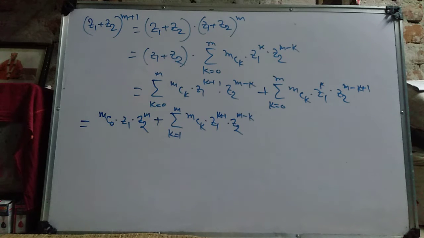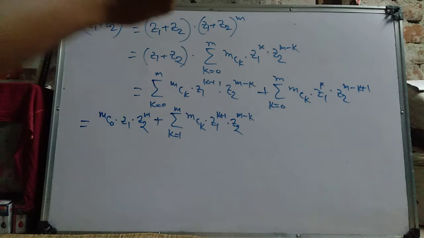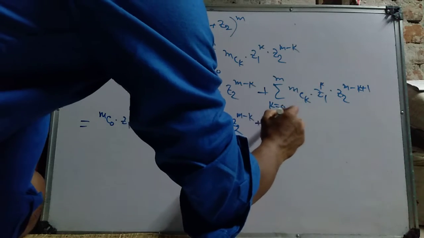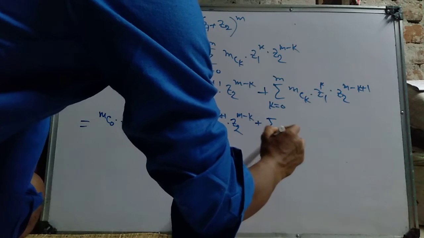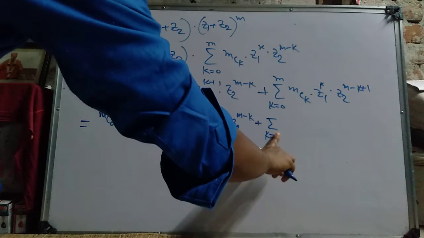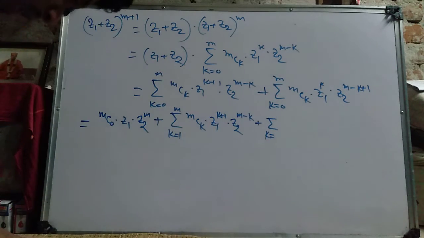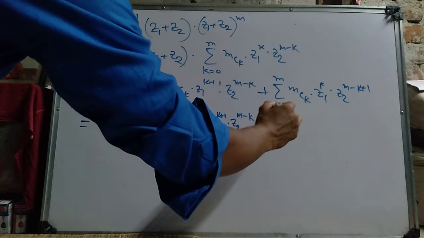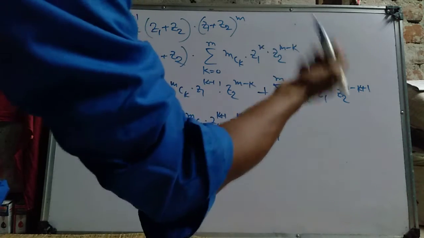Then again we write the summation k equal to 0 to m, not 0 but 1 to m, and the 0 portions will also vanish.